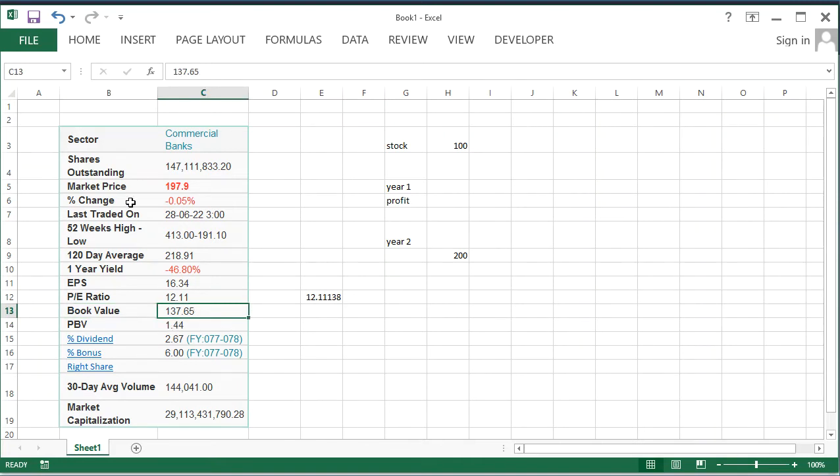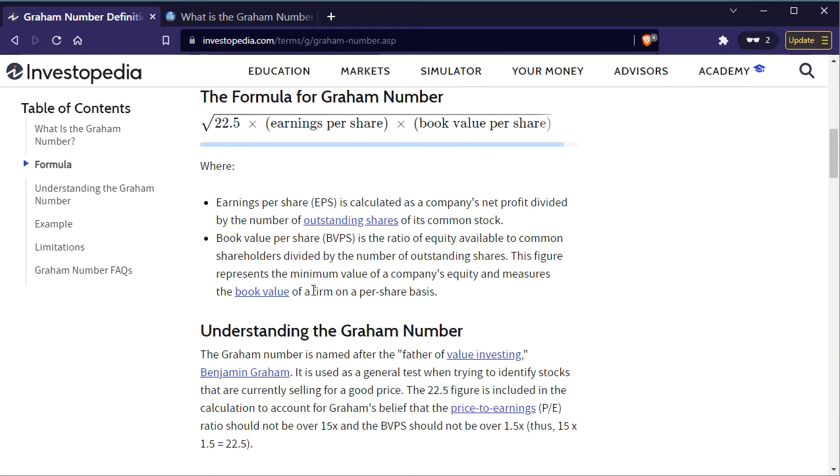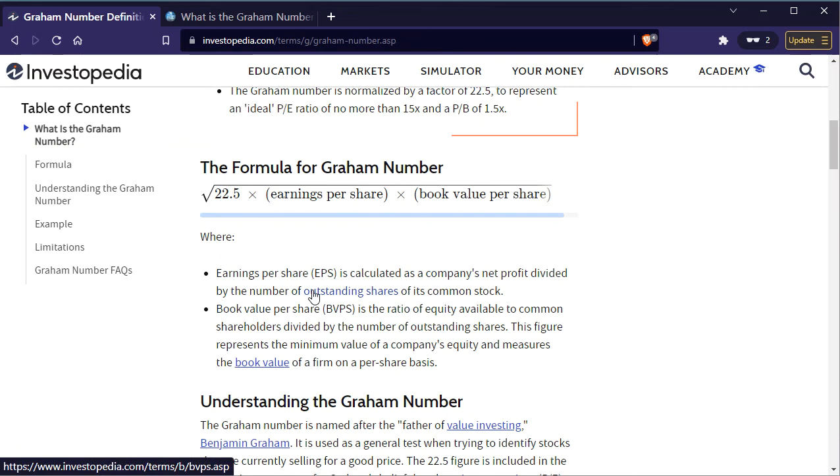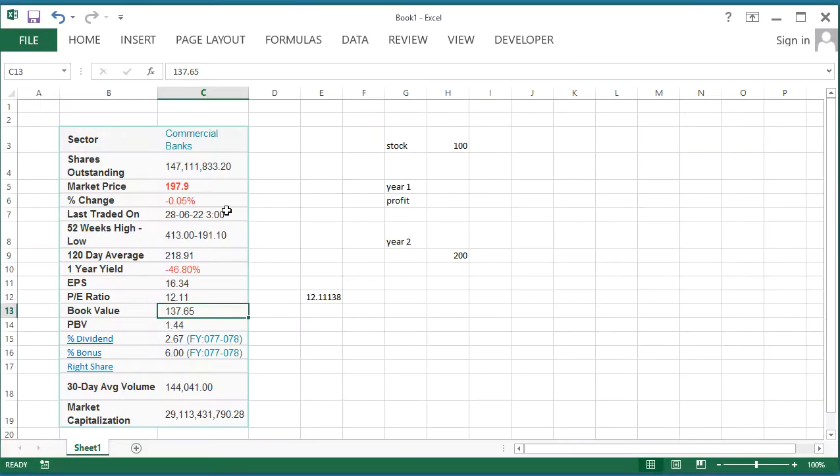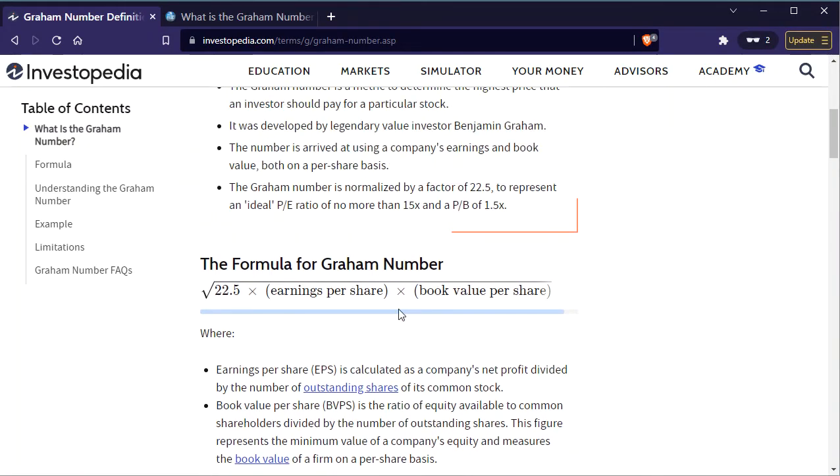But the market value, you can see, is higher, not always, but here it is higher than the book value. So it is said that if any company has a market value lower than the Graham's number, then it is considered really a great company to invest in.